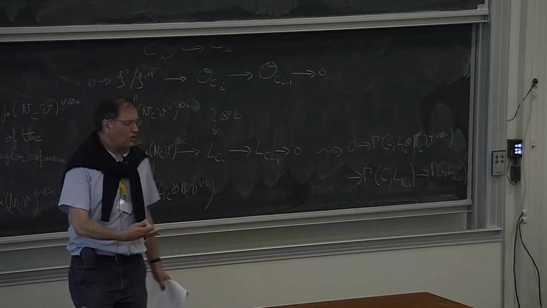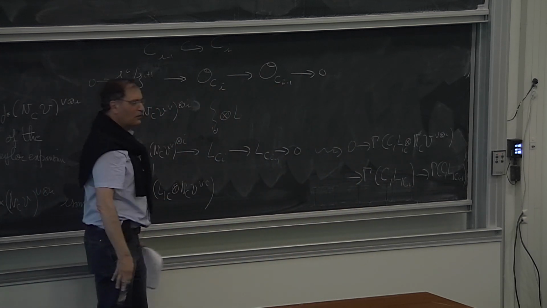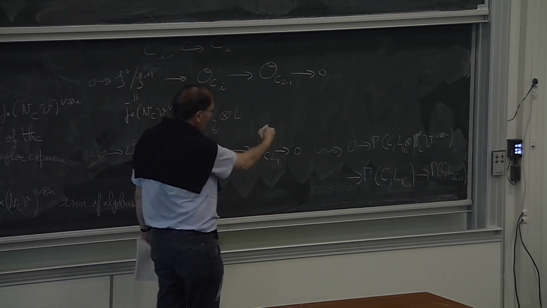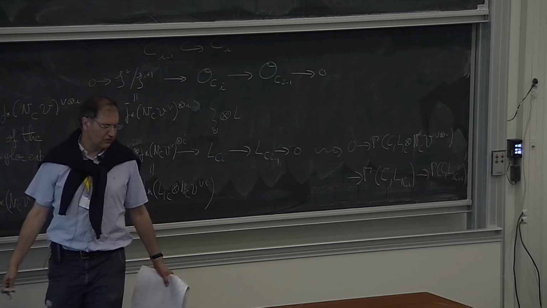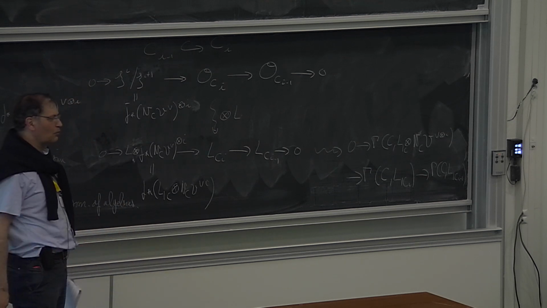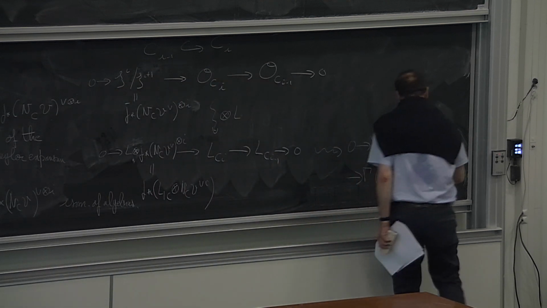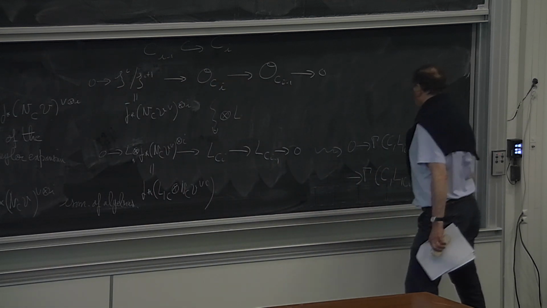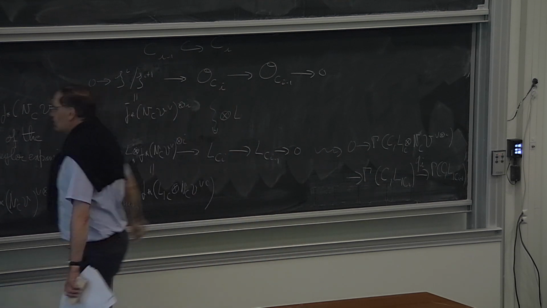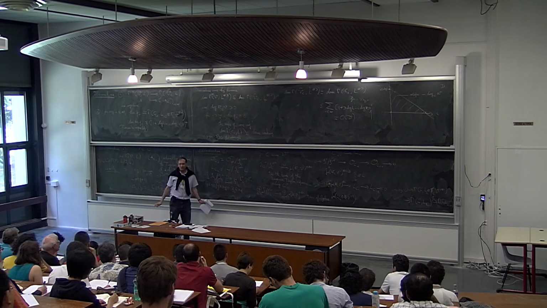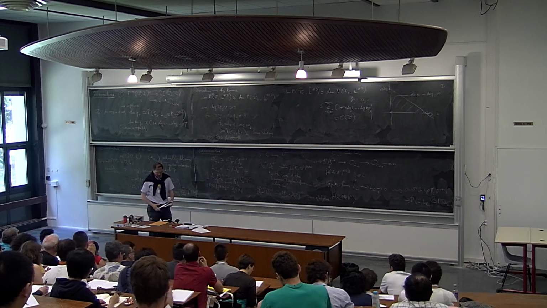Well, it's not a long exact sequence. You get a naive exact sequence corresponding to the fact that the functor of sections is left exact. You don't need to know anything about cohomology in this proof. And this means that the kernel is exactly what I claim it is. And the proof is complete. Okay? Okay, I have to stop here.